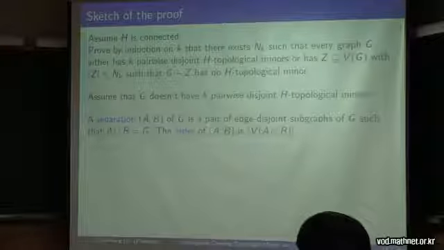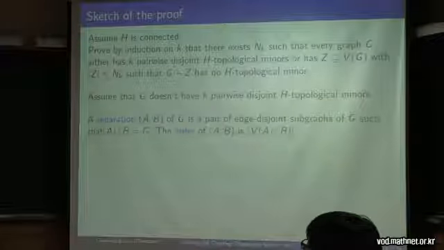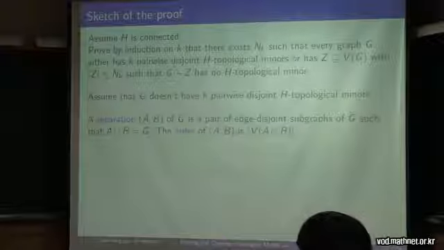So a separation (A, B) of a graph G is a pair of subgraphs such that the union of them is the whole graph. So the separation looks just like this. The entire graph is G, and the left circle is A, the right circle is B. And there's no edge between these. There's no such edge. And the order of the separation is the number of vertices in between. So this one has order 5.